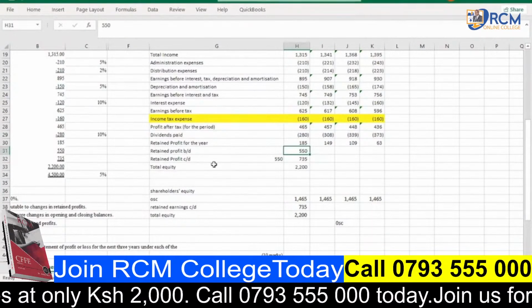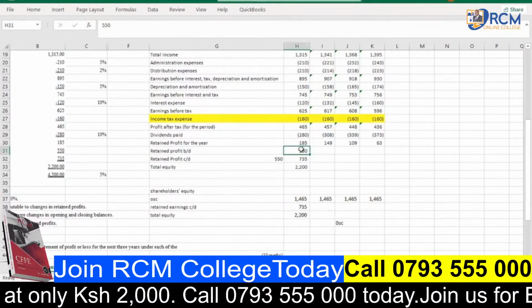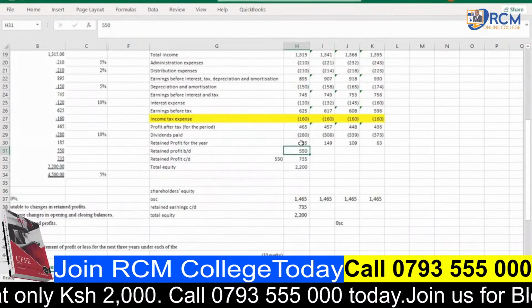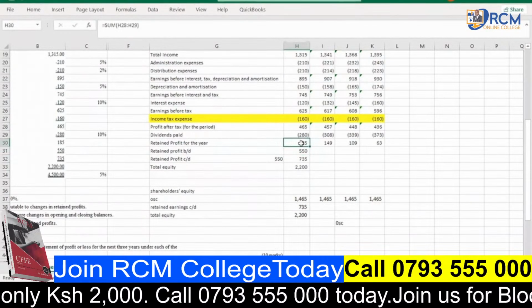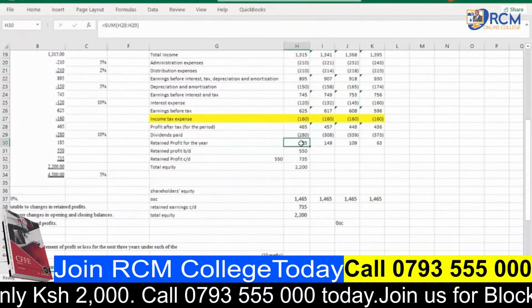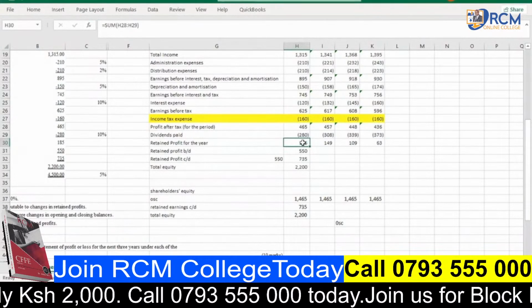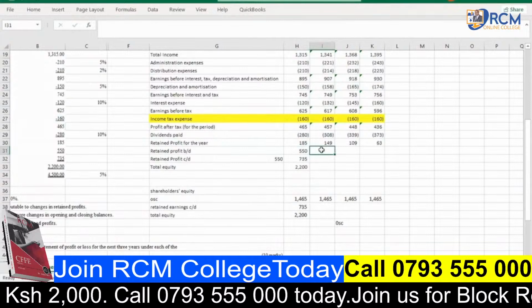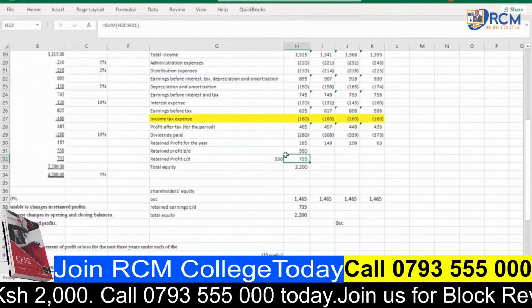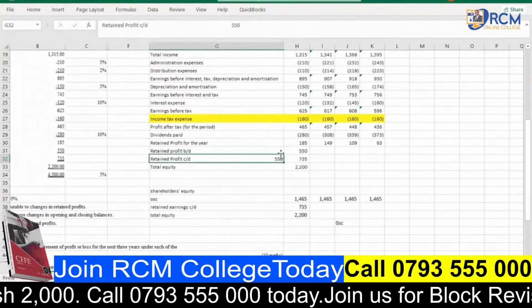Then the retained earnings carried down for 2022 will be brought down plus the profit for the year, yani profit after paying for the dividends. Now, once we do that, we are getting 735. Remember this 550 imekuja hapa.